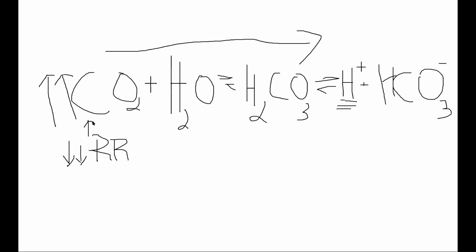If we breathe less, we exhale less carbon dioxide out, right? So we are then going to retain that carbon dioxide, pushing this reaction to the right, increasing the hydrogen in my plasma, which will then hopefully neutralize what happened with my alkalosis, right?